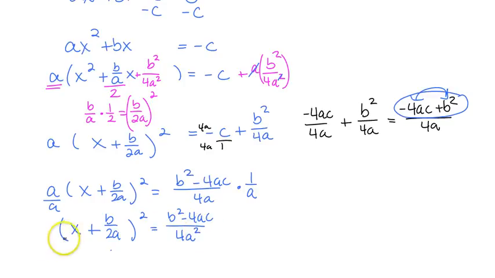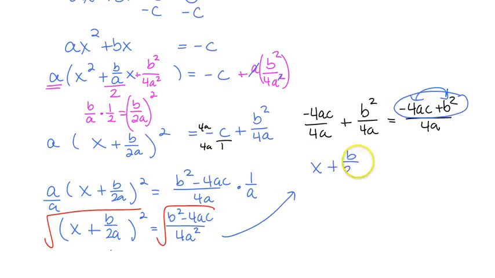Now, in order to get to the x, we have to square root both sides. And that leaves us with x plus b over 2a on the left. On the right, we can't break those two pieces up, so that's going to be the numerator, the square root of b squared minus 4ac. On the bottom, 4 is a perfect square, and a squared is a perfect square, so that becomes 2a.